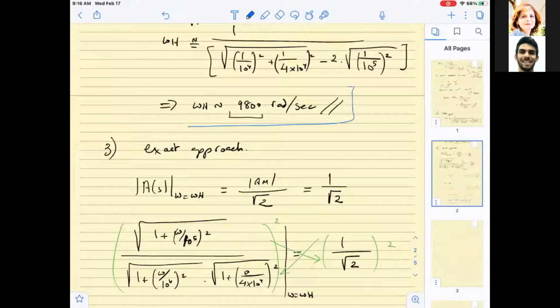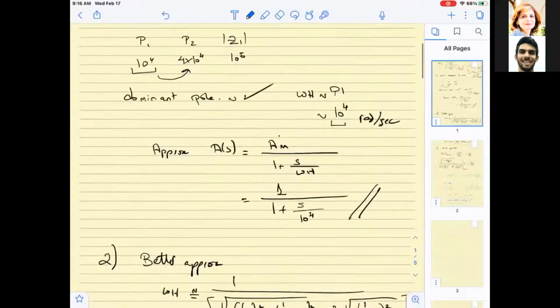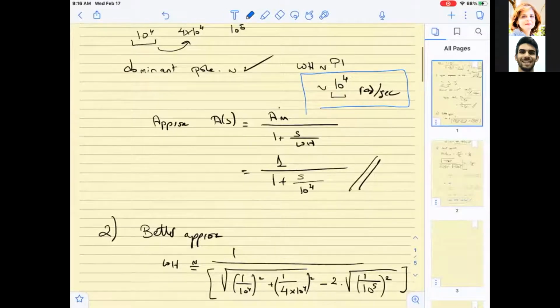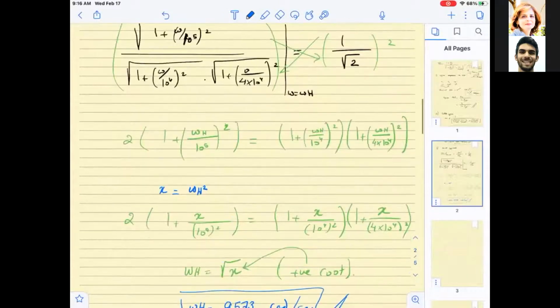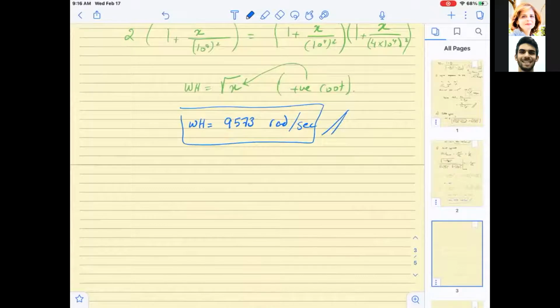The better approximation is close enough to it, 9800, and the dominant pole gave me an approximation of 10,000. So it differed from 10,000 to 9573 radians per second. These are the three methods, if I have a transfer function, which we use to find the approximate 3 dB frequency.